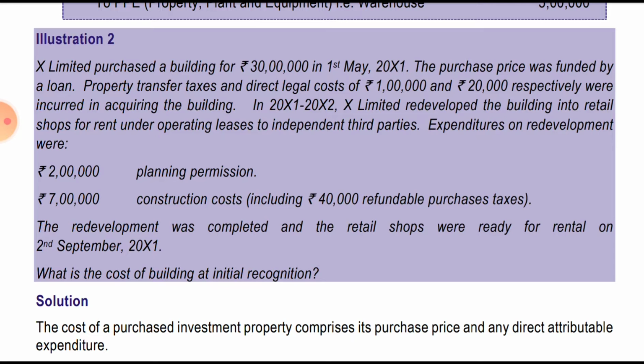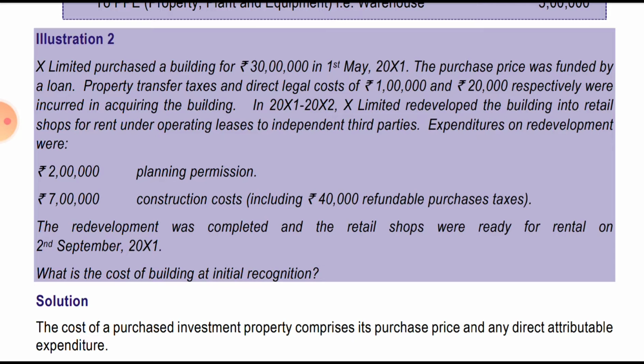The expenditure on the redevelopment was 2 lakh rupees planning permission and 7 lakh rupees construction cost, including 40,000 refundable purchase tax, so 40,000 will be deducted. The redevelopment was completed and the retail shop was ready for rental on 2nd September.